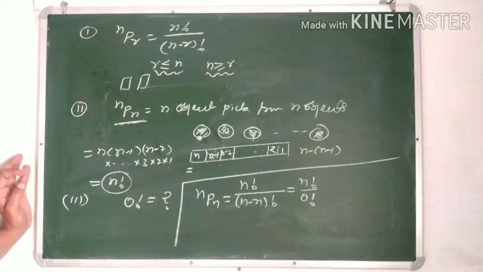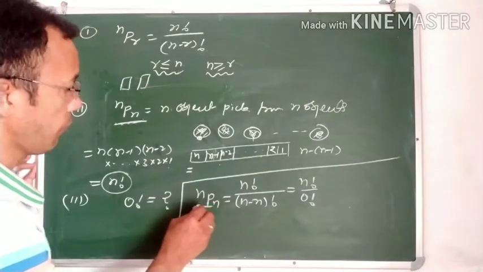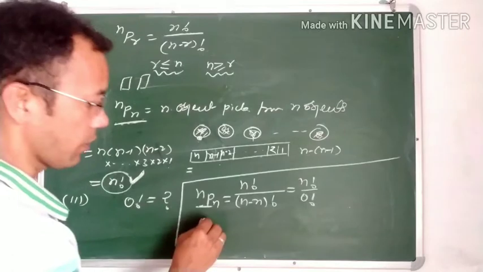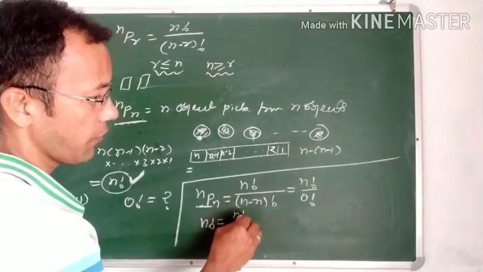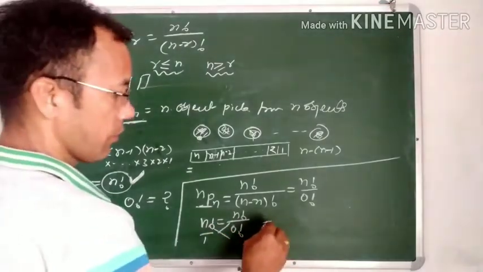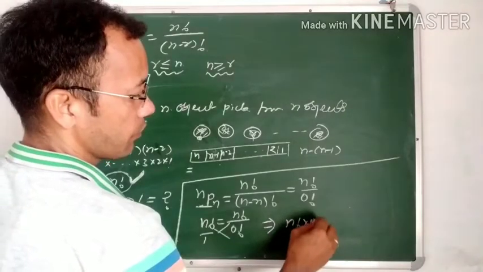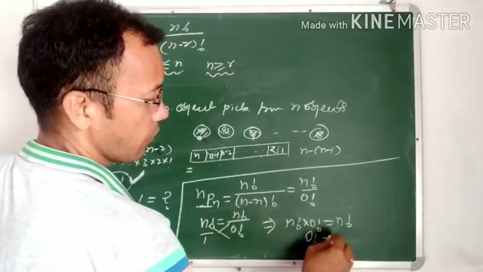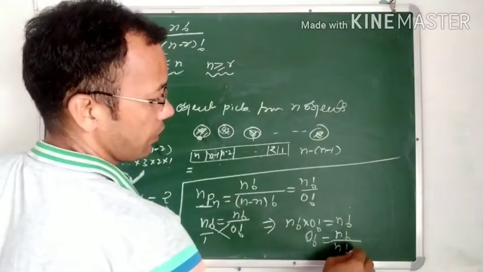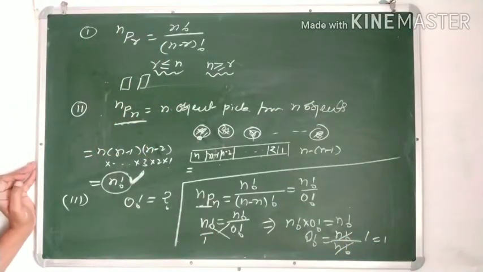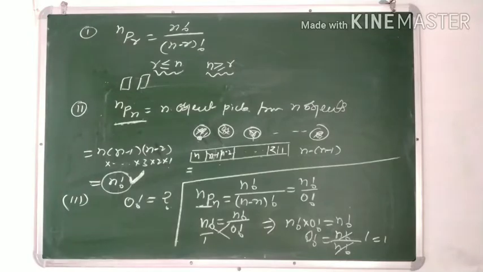We found nPn is n factorial, so n factorial is equal to n factorial upon 0 factorial. Now cross multiply: n factorial into 0 factorial is equal to n factorial. So 0 factorial is equal to n factorial upon n factorial, which cancels out to 1. So 0 factorial is equal to 1, right?